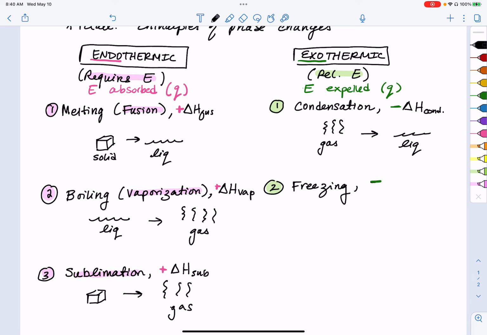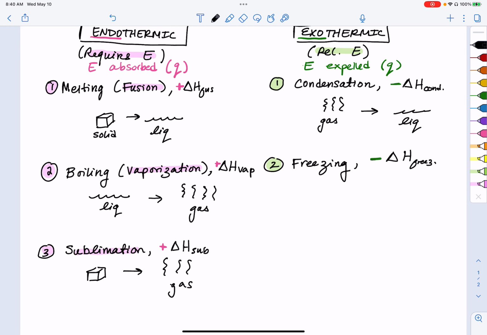So the associated energy that is released upon changing phase from liquid to solid is going to be negative. Okay, so this will take us from our liquid and take us to the solid phase.